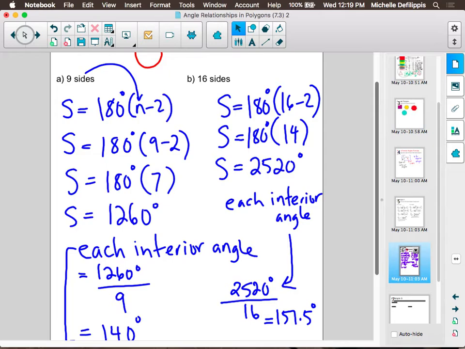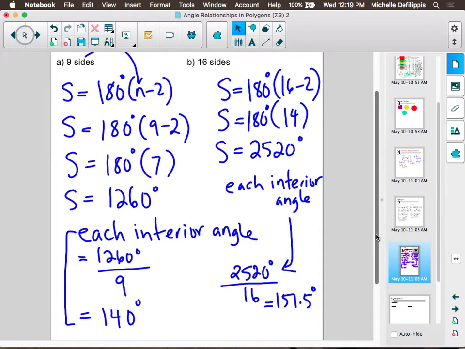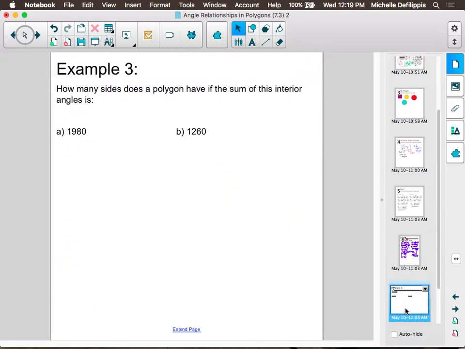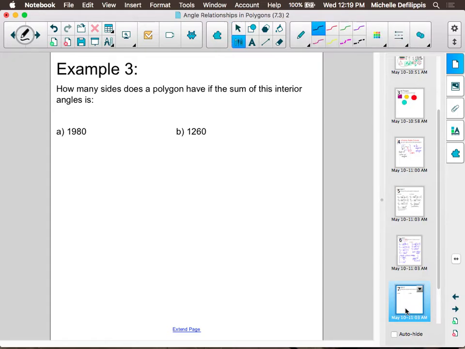Now, if you look at the third question, I'm probably going to get you to solve for n this time. So if you read the question, hopefully you see that. It says, how many sides does a polygon have if the sum of its interior angles is the following.